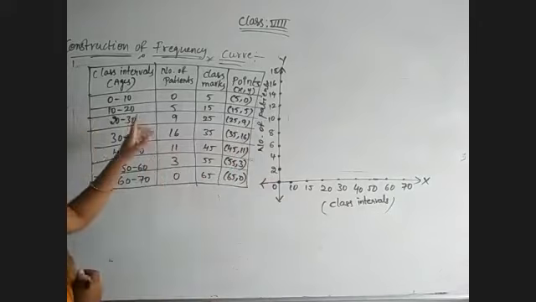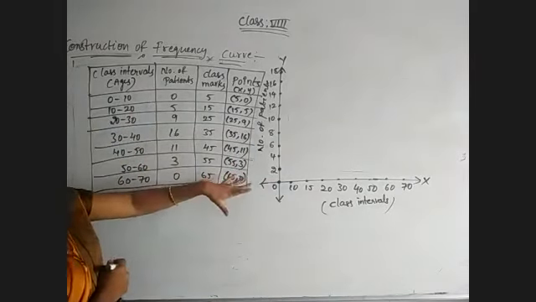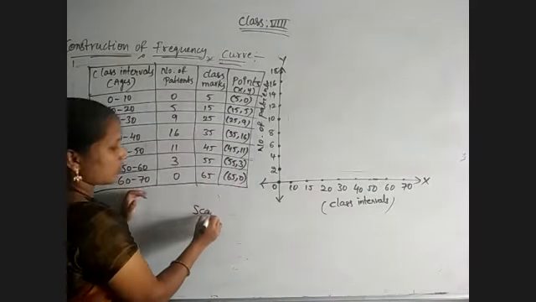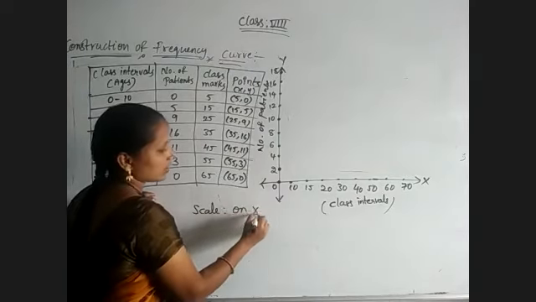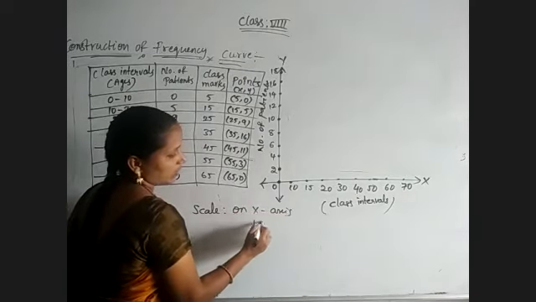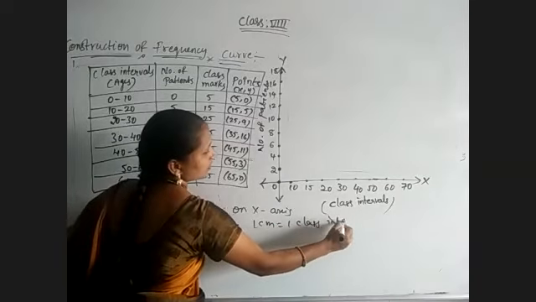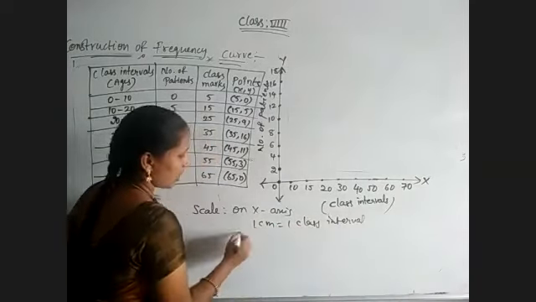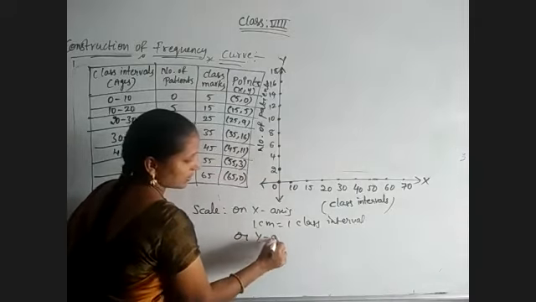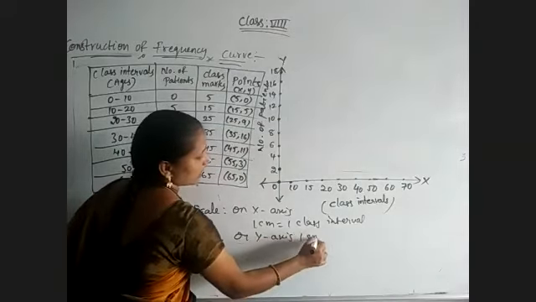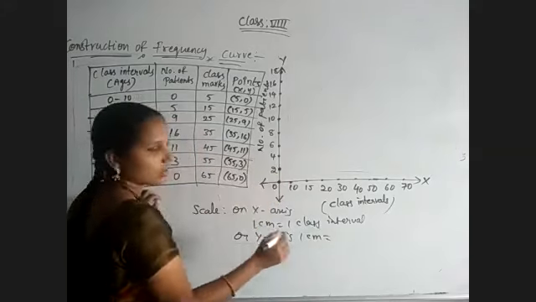Now, the scale. Already we have taken the scale. On the x-axis, 1 centimeter equals 1 class interval, and on the y-axis, 1 centimeter equals 2 patients.